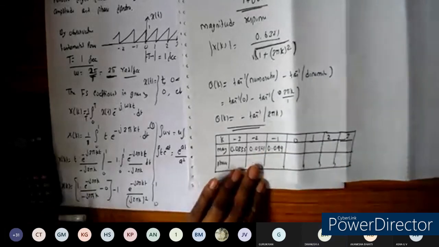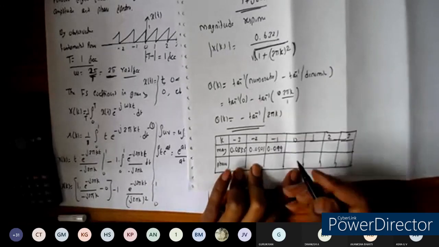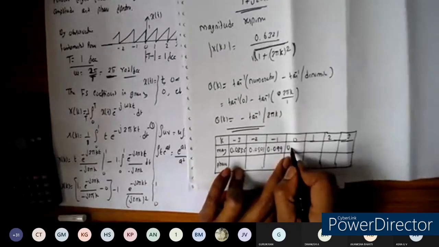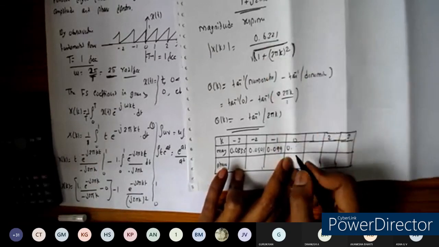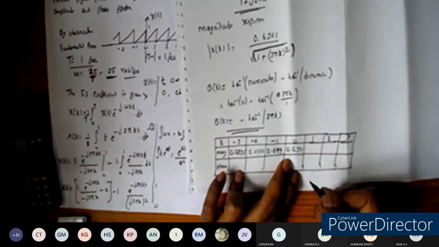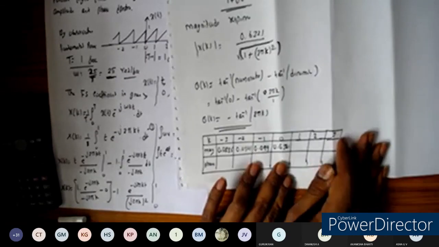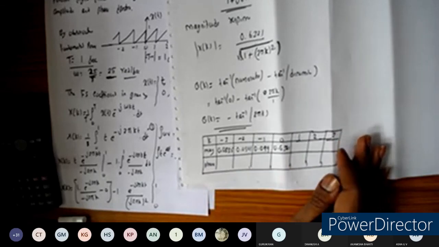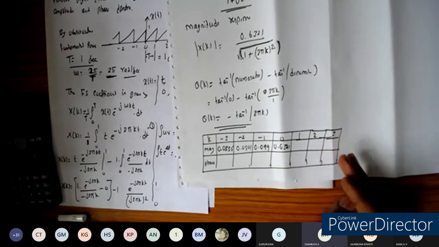For k equal to 0, you only get the numerator, which is 0.6321.